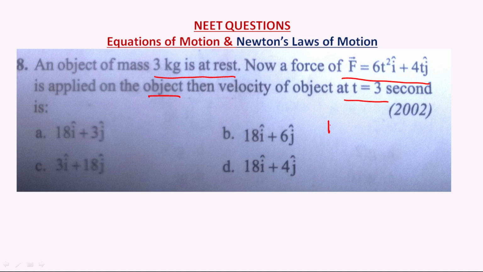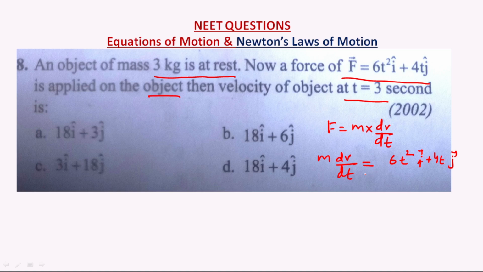You know that F is equal to m into dv by dt, meaning rate of change of velocity. So m dv by dt is given as the force, that is 6t square in i direction plus 4t in j direction.